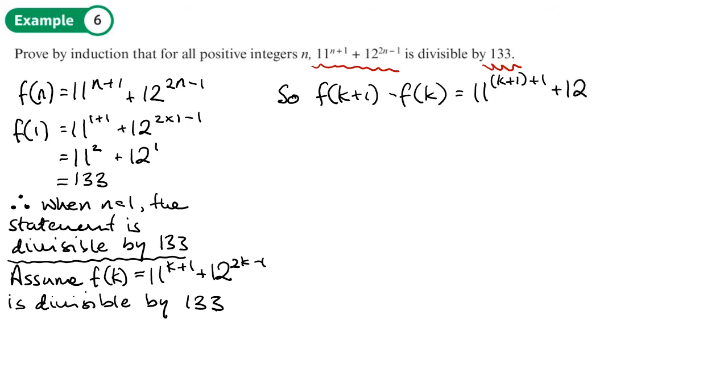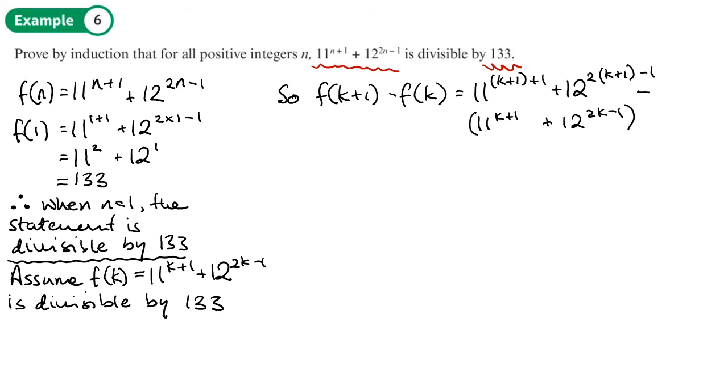Plus 12 to the power 2, that'll be k plus 1 minus 1. Minus, so we're now going to subtract f of k like this. I want to put the brackets in here.